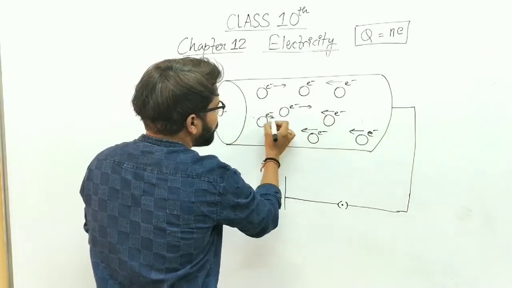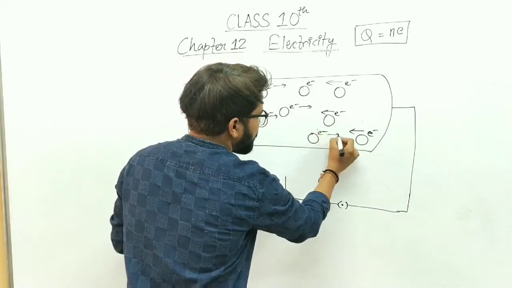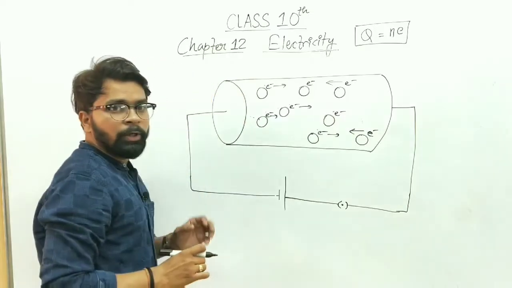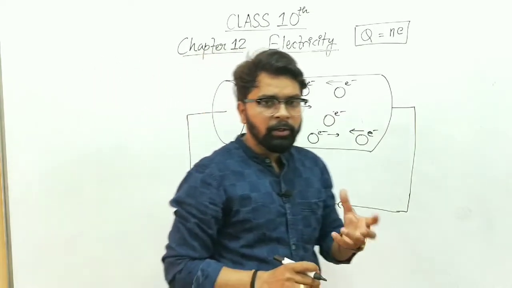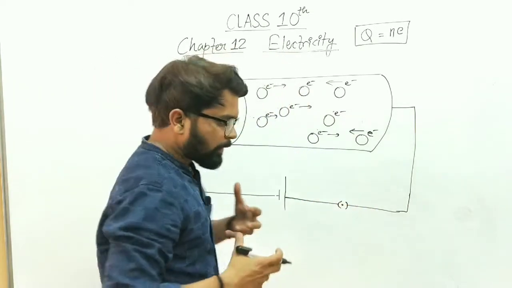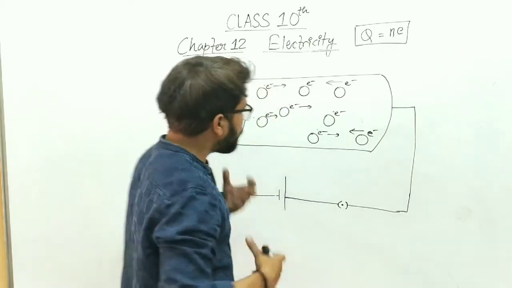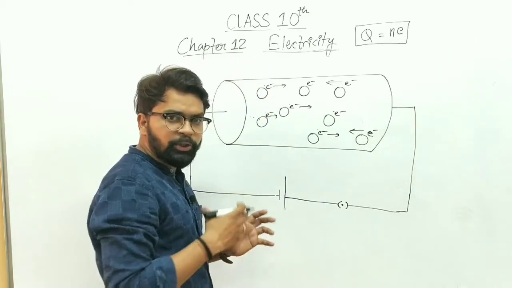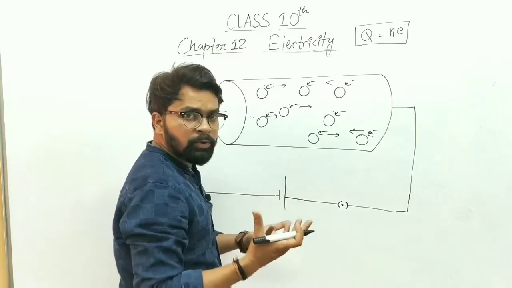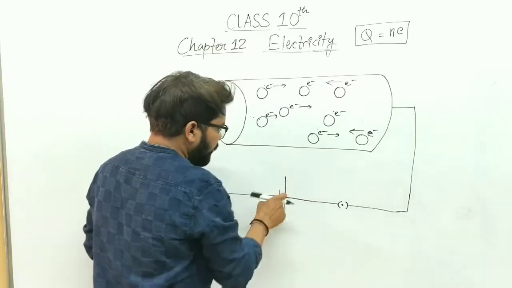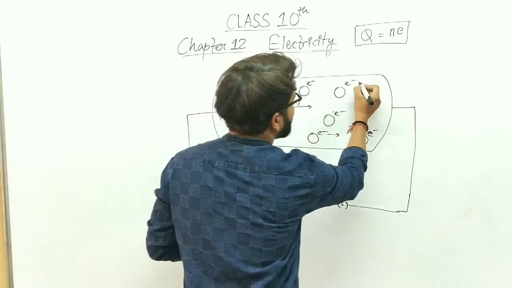As a student of science, two words always rise inside you: how and why. Why does this happen? If I change the polarity of this cell, all our electrons move in this way.